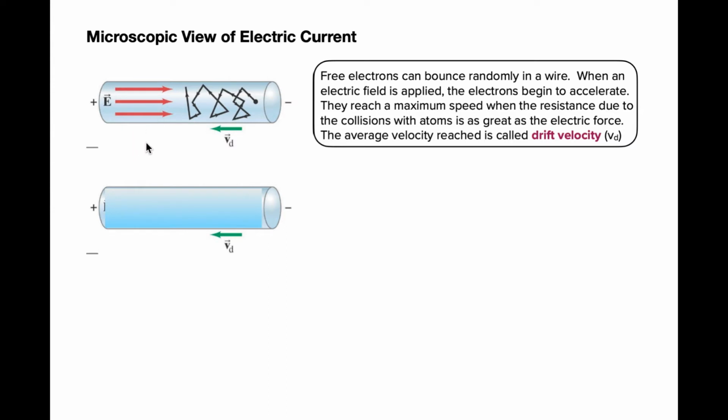Now there's a force on these electrons that are bouncing around randomly, and they will move in a certain direction. As you see in this picture, which way they are moving is of course against the electric field. Remember, they swim upstream, because the electric field is the direction a positive charge would move.